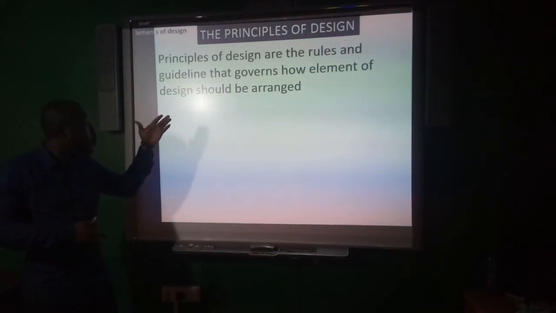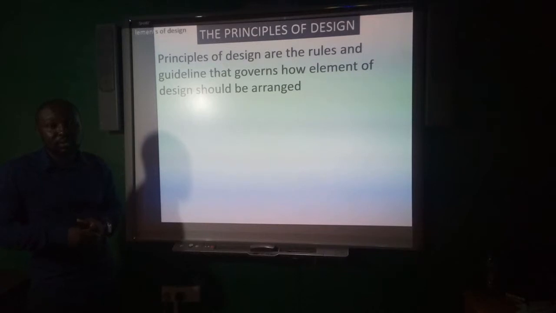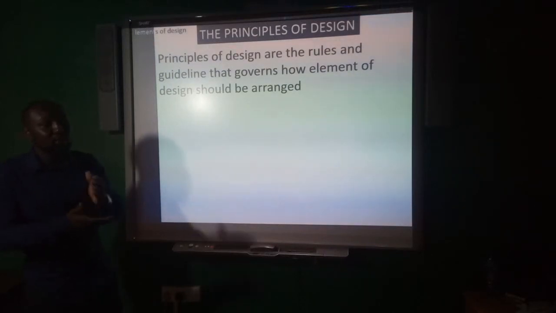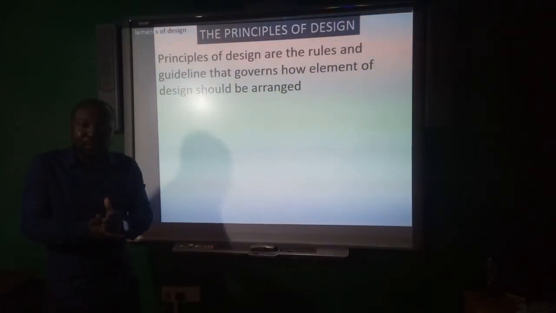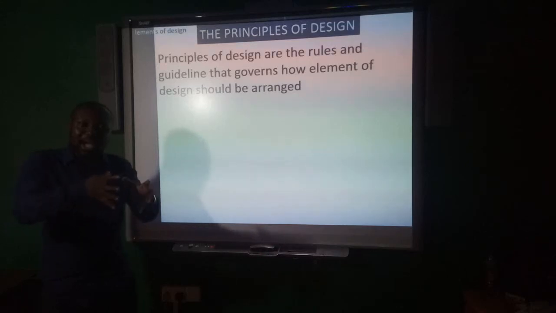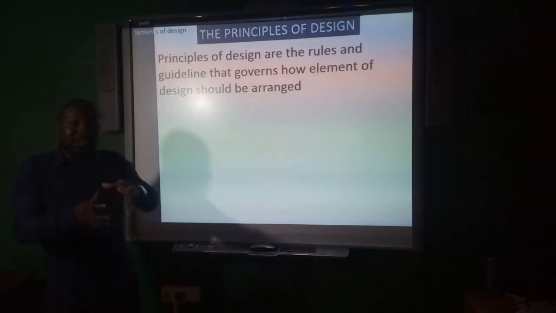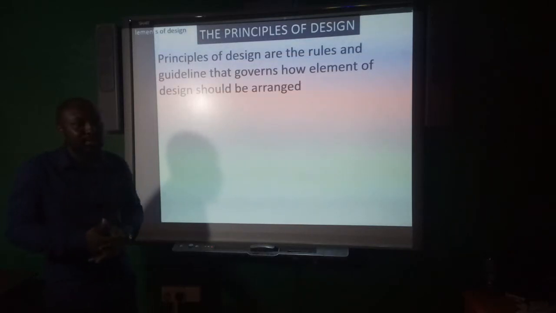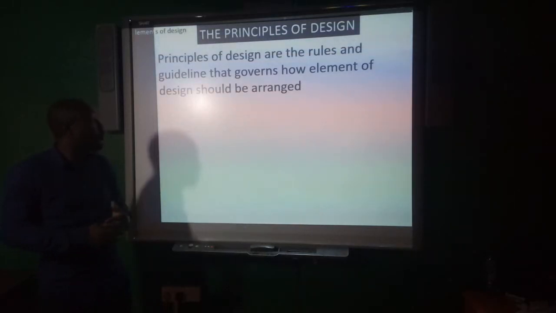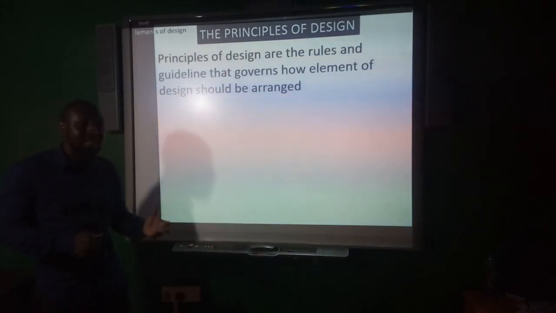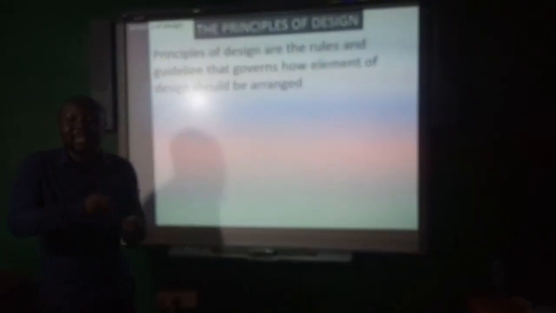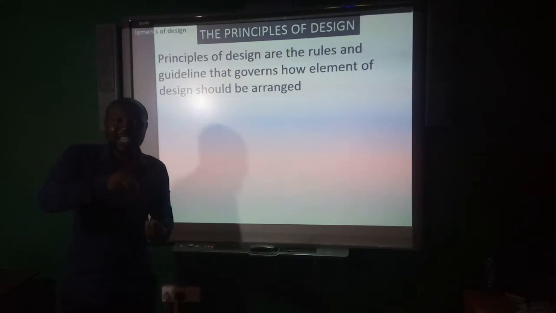And that is the rule we are talking about, the principles. You need rules that govern how you add or subtract the elements of design in producing an artwork. They are the rules that govern the arrangement of the elements of design to produce an artwork.